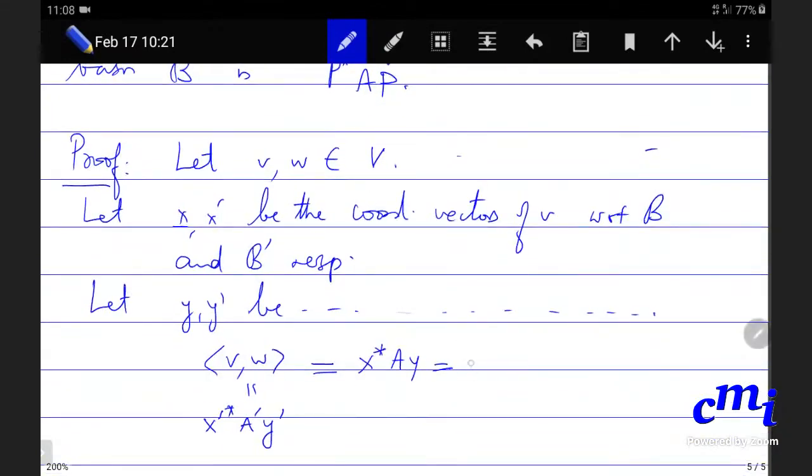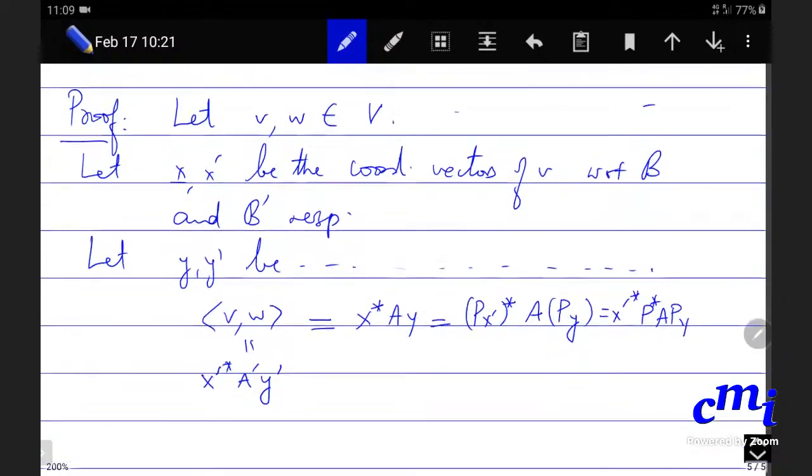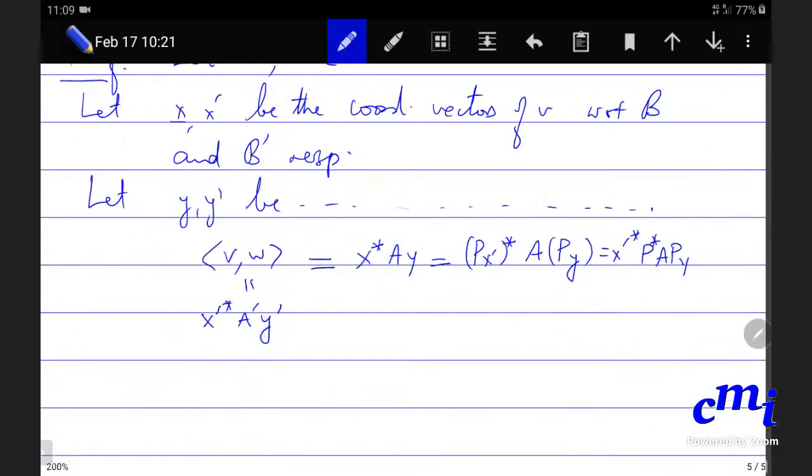So (P x prime) transpose A P y prime. This is x prime star P star A P y prime. So we have this equality, and this is true for every x prime and y prime.